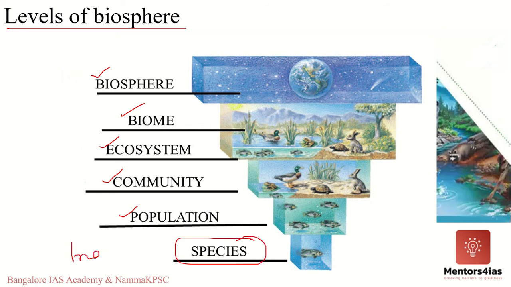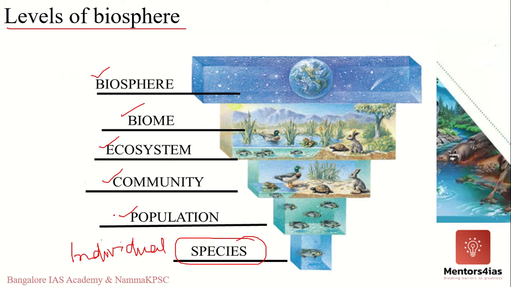The next level is population. A population is a group of individuals within the same species, within the same area, which are capable of reproducing with one another.